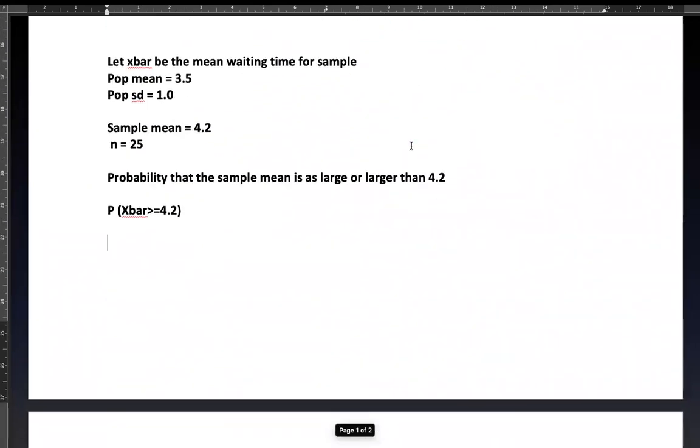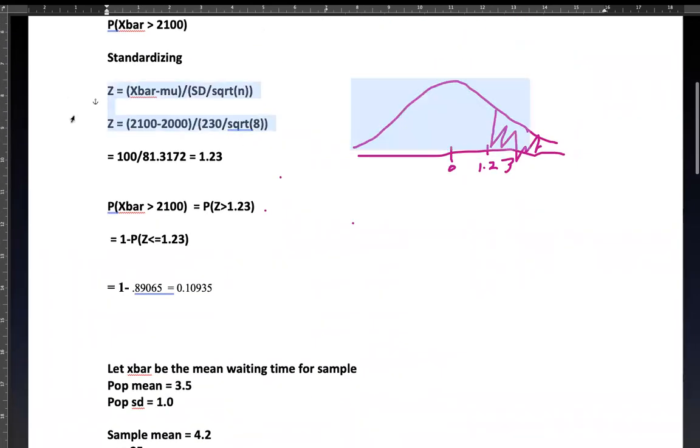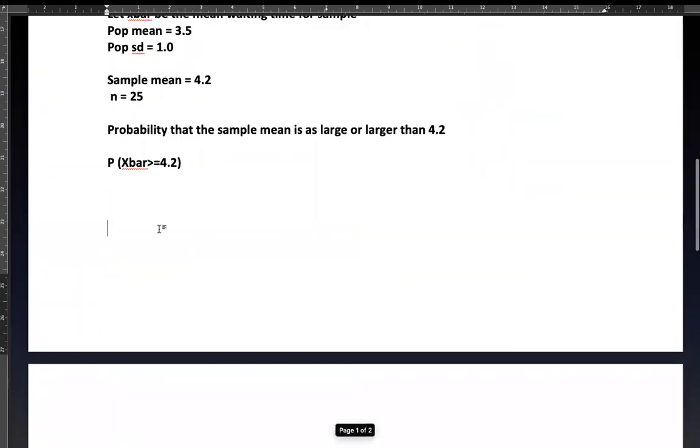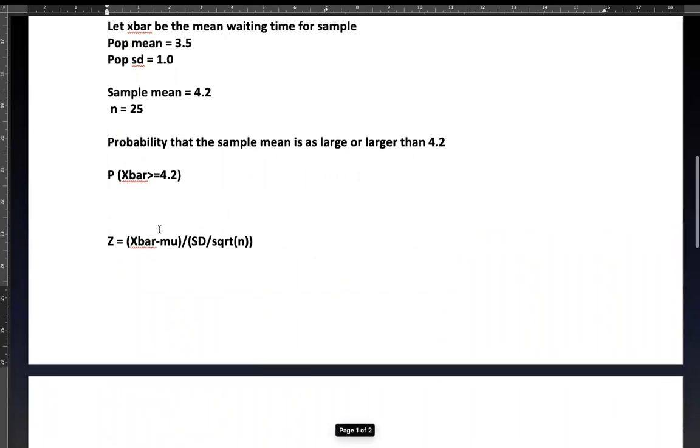Now let's standardize. How do you calculate for a Z? I don't need to write all these again, so let me just copy and paste. So Z is this. How do we put in the values?